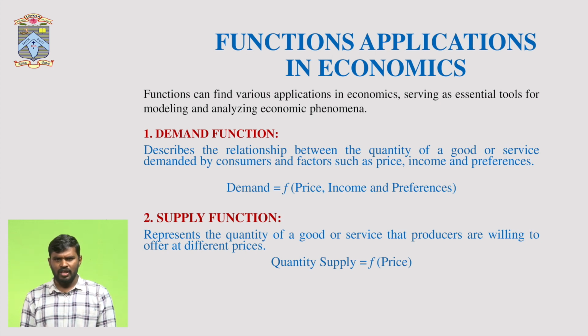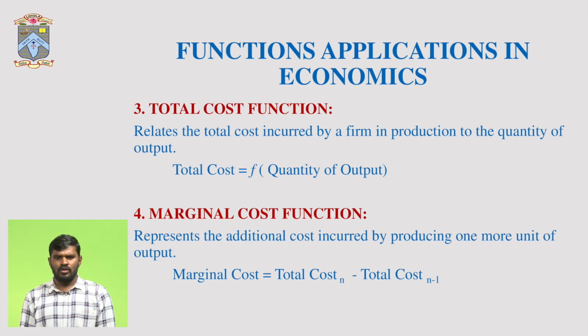Second one, supply function: how the quantity supplied is connected to the price. Third one, total cost function, relates the total cost incurred by a firm in production to the quantity of output. That means total cost is completely connected to production, that is, the quantity of output.